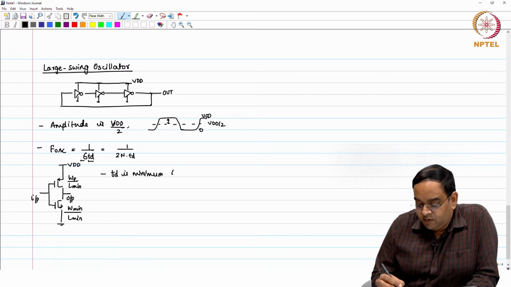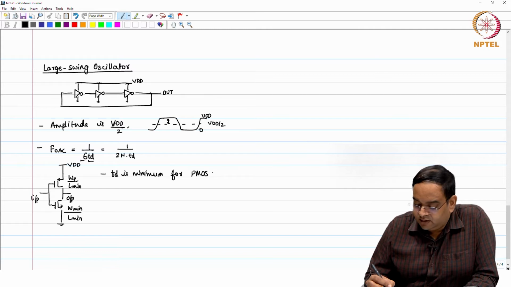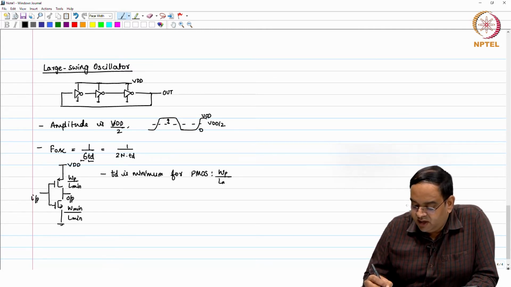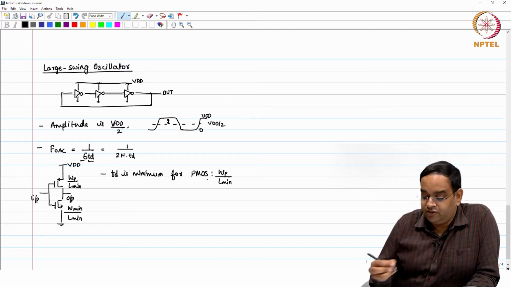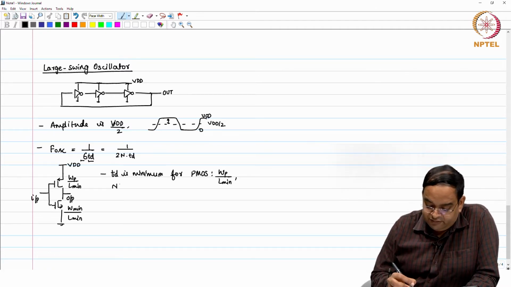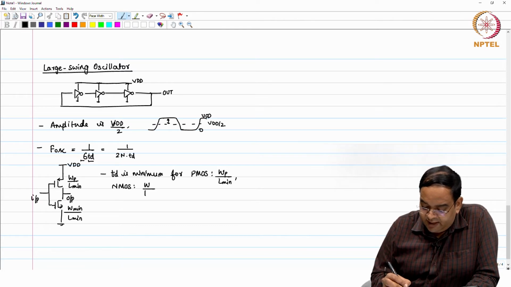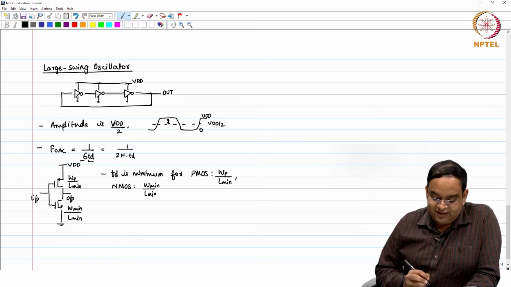TD is minimum for PMOS size WP by L min, where WP is decided so that you have equal rise and fall delay, and NMOS size is W min by L min. So, we design this inverter.